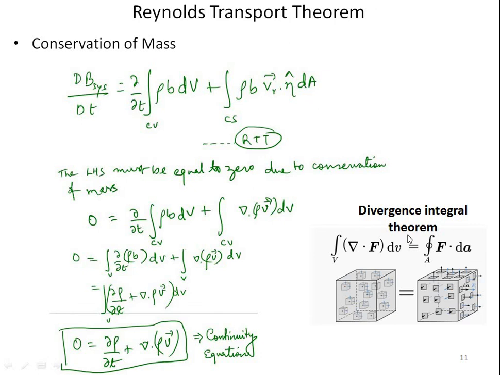Consider a control volume composed of many small sources which act as a source or sink.